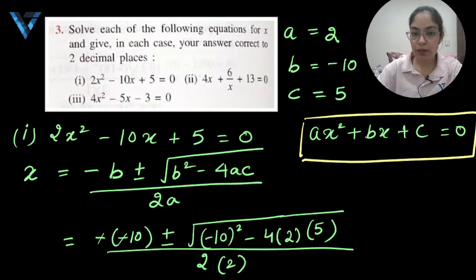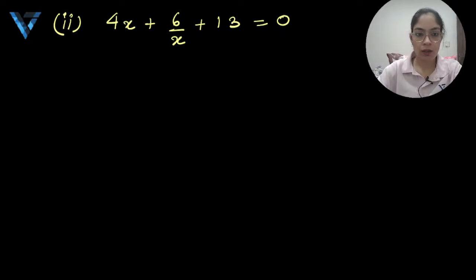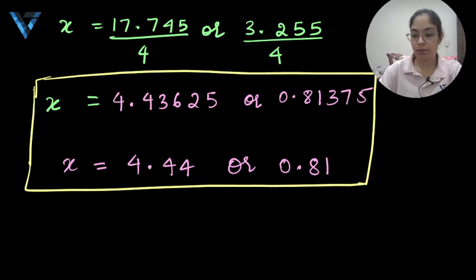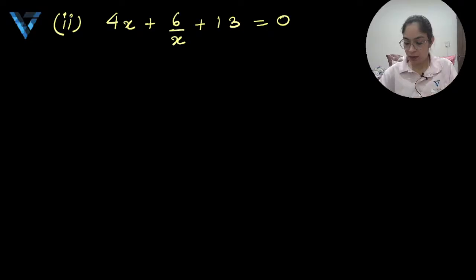The given equation is 4x plus 6 by x plus 13 equals 0. After converting it to standard form, what are you getting?